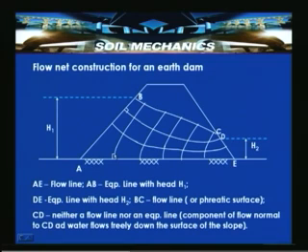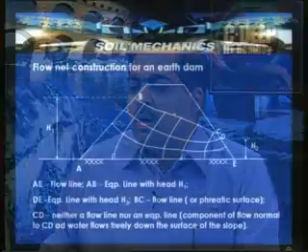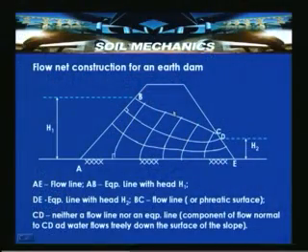So, here if you see this being a flow line, you can see that these equipotential drops are drawn perpendicular, again orthogonal to the flow line. If this happens to be H1 minus H2, then divided by the number of equipotential drops, we will get that delta H, the drop occurring between two consecutive equipotential lines.